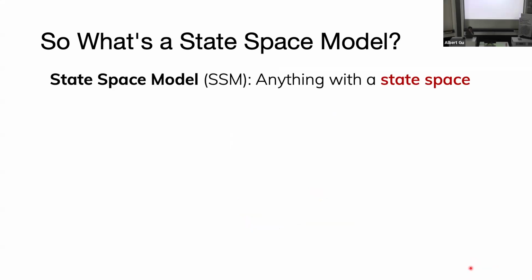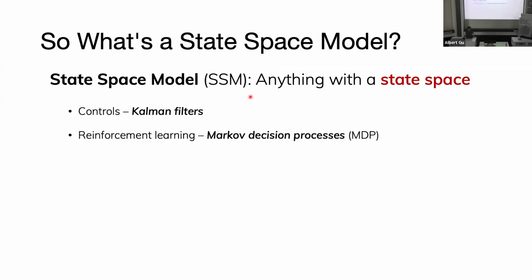In fact, this term is very loose and non-descriptive, because what is a state space model? It's just anything that has a state space that evolves through time. Basically every subfield of science has its own version of state space models.